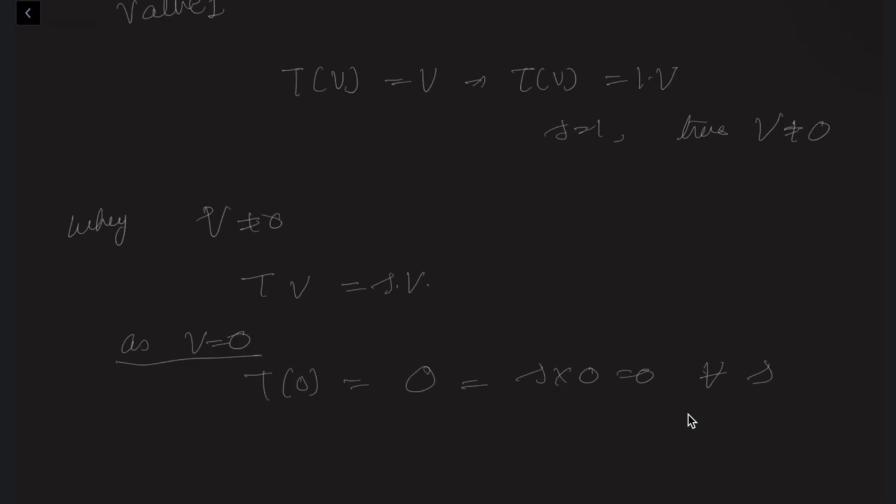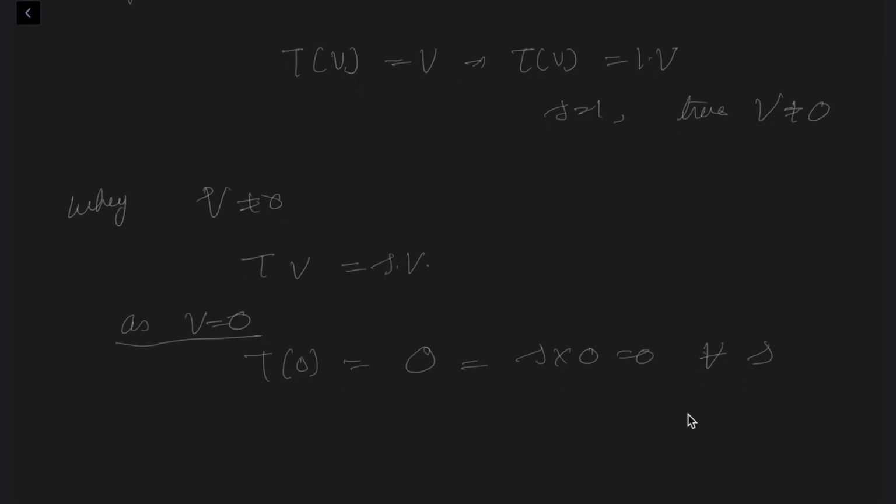What does it imply? Whatever value lambda has, this equation is always satisfied. So this is a problem, because now we cannot say that 1 is an eigenvalue. T of 0 equals 1 times 0, it is fine, but then T of 0 is also 2 times 0, 3 times 0, or for that matter any lambda times 0. This is the case whenever v equals 0, and that is why we consider the eigenvector to be non-zero.